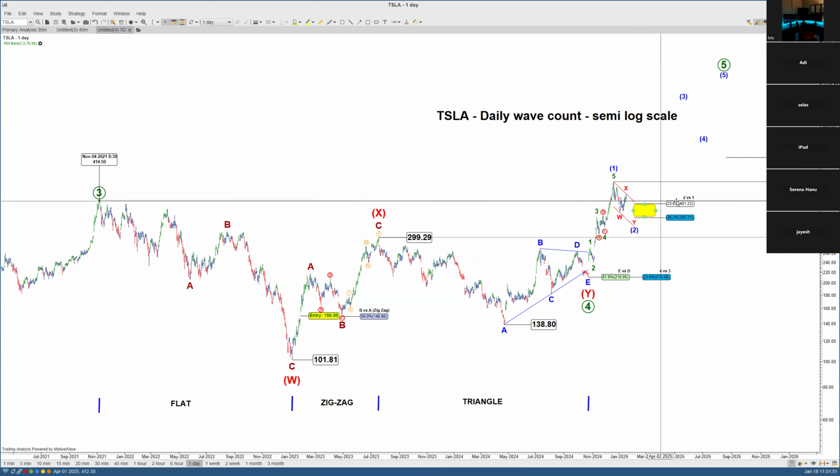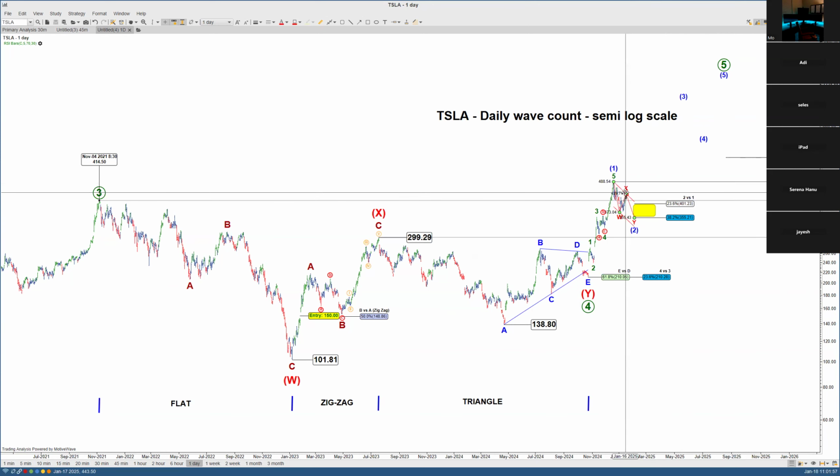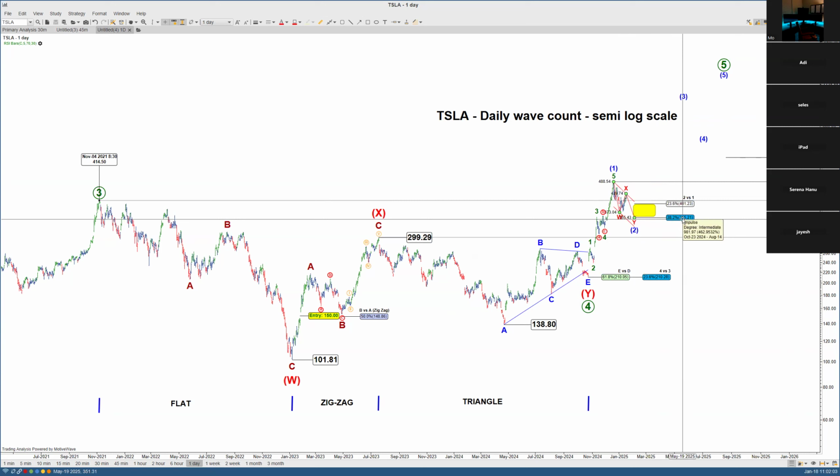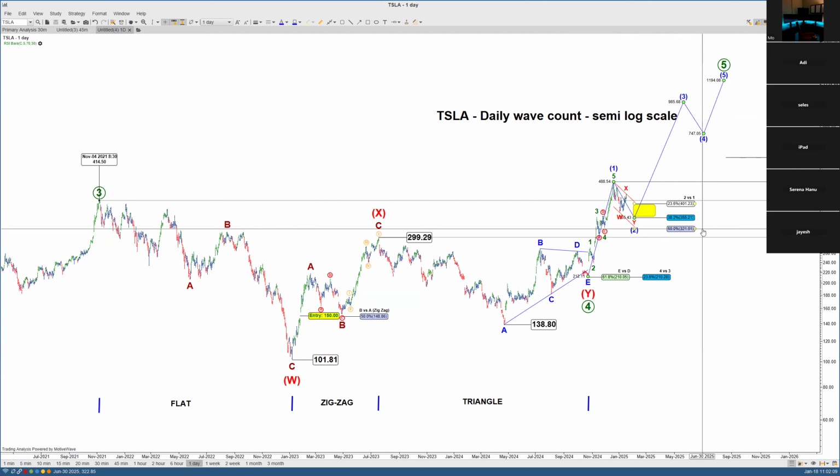As you can see, how many times it's coming back toward this 415. And now the question is, does this 3 give you another 3 to the downside toward the 355 mark? Or if the selling pressure really exceeds, do we go to the 50 mark, which is 321?